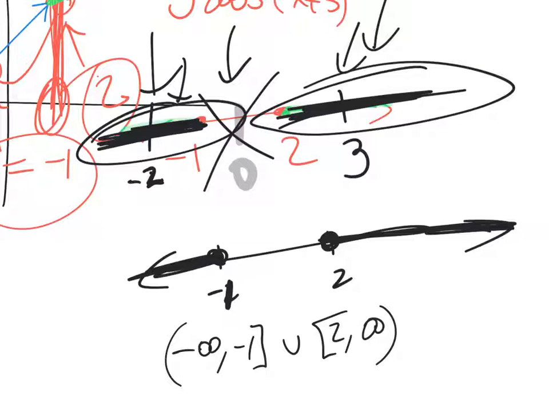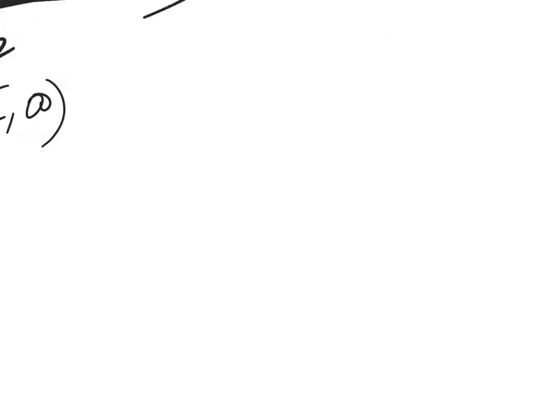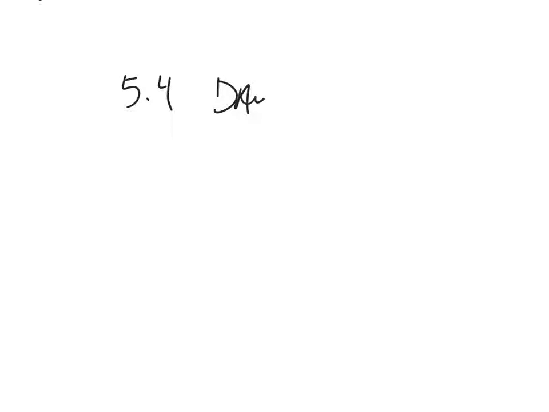The assignment is going to be from 5.4, day 2. The first page of problems, there's 4 questions. Those are all kind of the normal, important to know how to do problems. And then I'm going to have you just do 2 more problems on the next page.